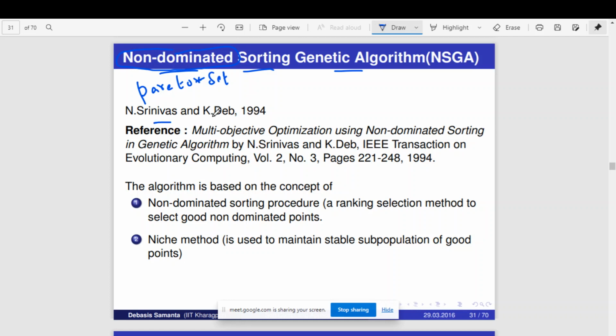So these are the two researchers who proposed this algorithm in 1994. One thing you can observe: whatever algorithms we are studying are comparatively very recent. In other courses, most of the algorithms might have been proposed in the early 1940s, 50s or 60s, when computers were introduced.